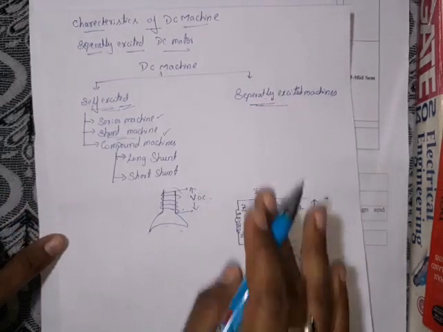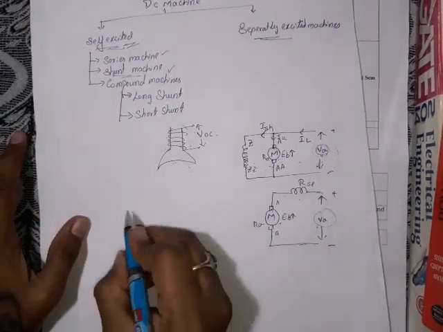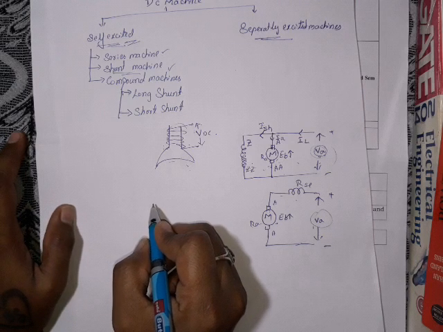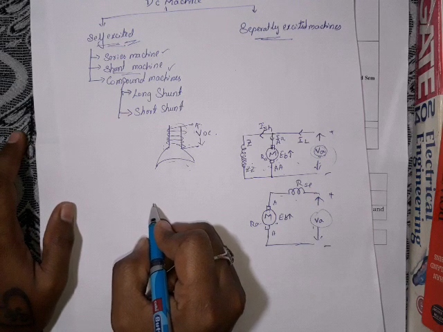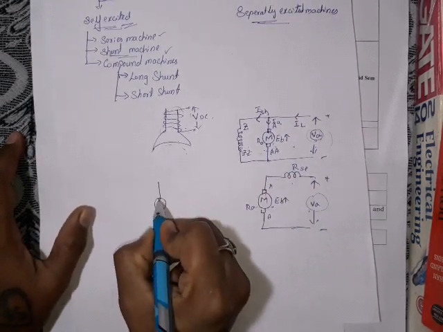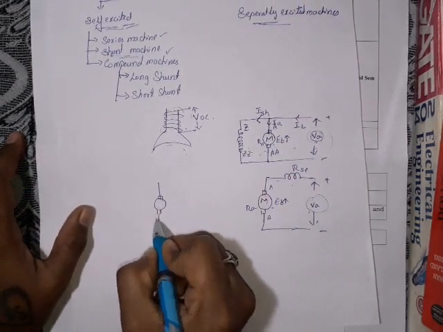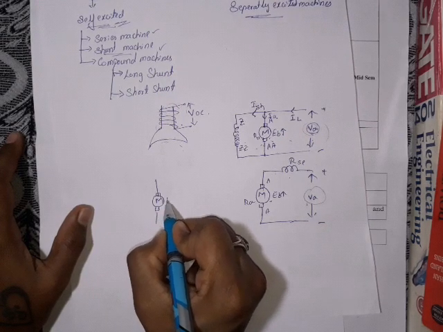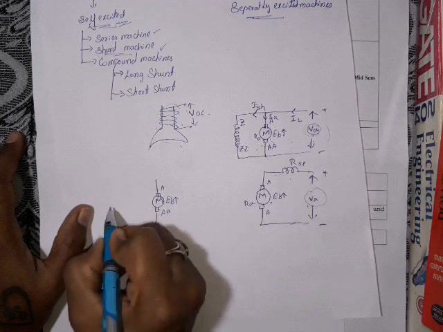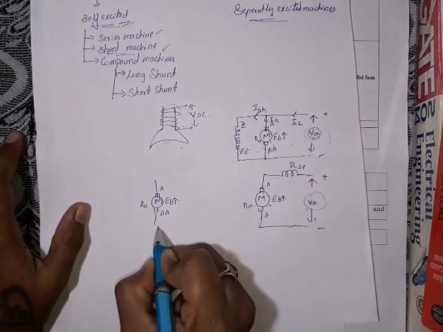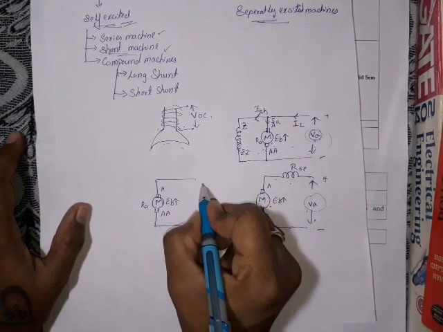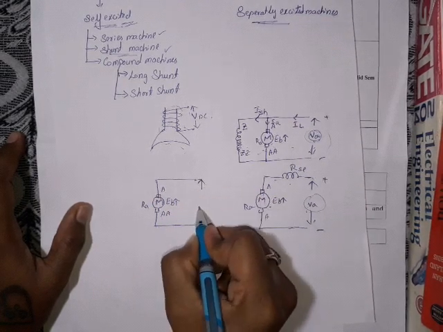Then what do we mean by separately excited? See here, in the lab we are using a DC machine that is actually a separately excited DC machine. So here we have the motor armature, which produces EB, AA, RA, and this armature is excited from some supply.